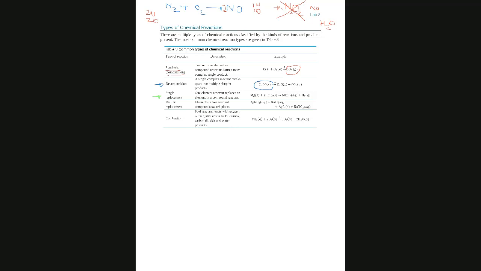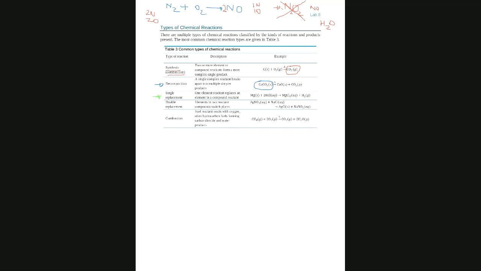What is the definition of single replacement? Let's look at that. It says one substance replaces another in a compound and creates a free element. So let's look at this reaction. Let me zoom because either I need, okay, now I can see better.